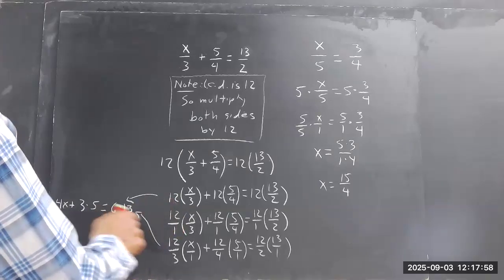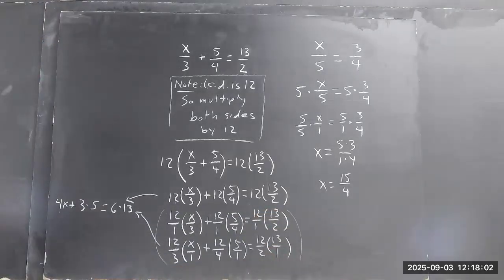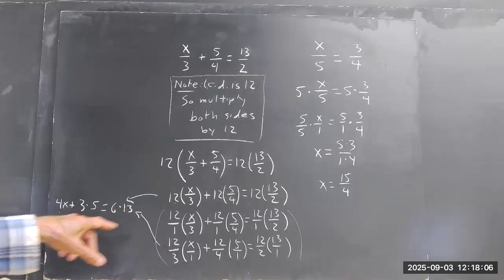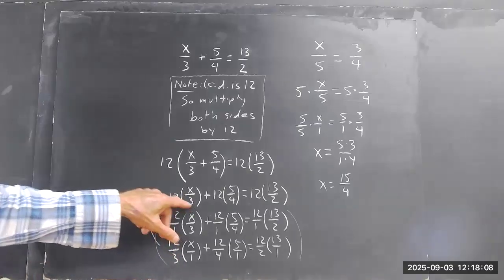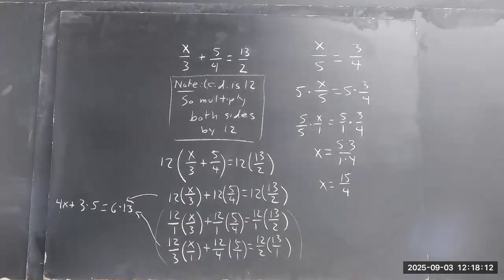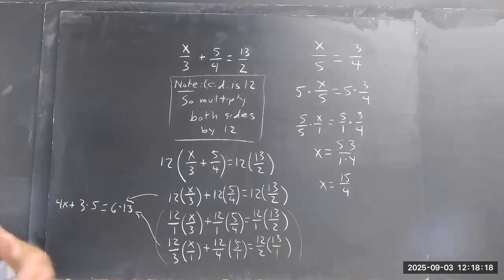So just skipping from here to here and not doing these 2 steps, if you do it right, gives you exactly the same thing that I got here when I just divided 3 into 12, 4 into 12, and 2 into 12. Okay. But think about why I would write out these 2 steps to make it mathematically rigorous.